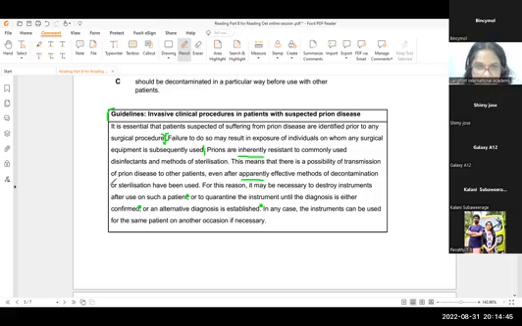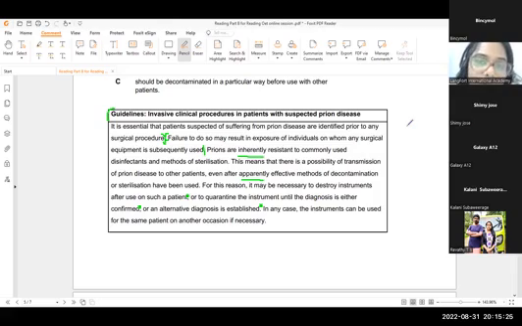All of you, take a second, go through these. First, they say it's important to identify whether the person has the disease. If you don't do that, you're putting others at risk, those for whom we will be using the equipment afterwards. Then they are saying that prions are very much resistant to all forms of disinfection and sterilization. Because of that, even after you decontaminate or sterilize the equipment, the possibility of transmission to other patients is still there.